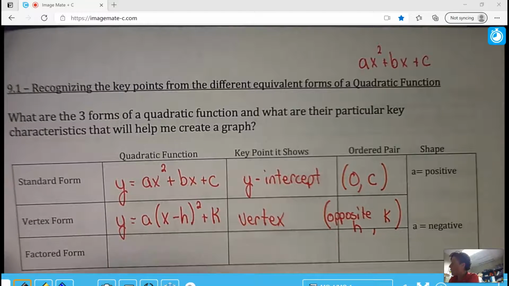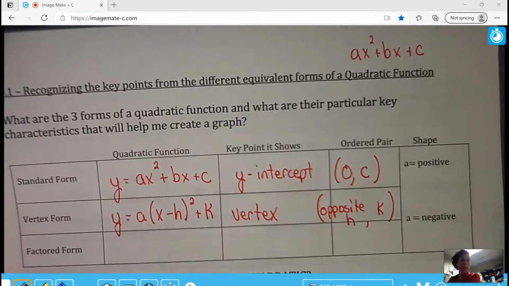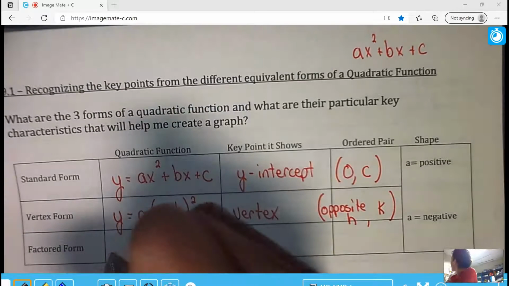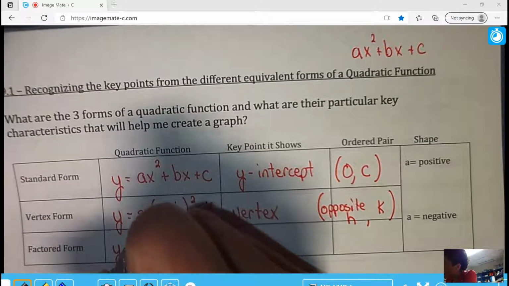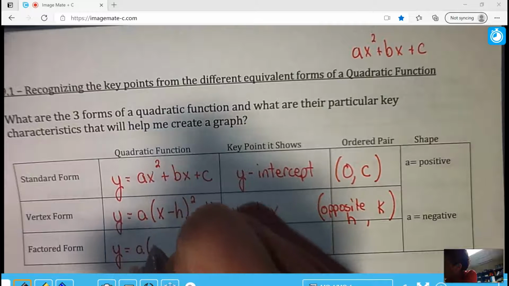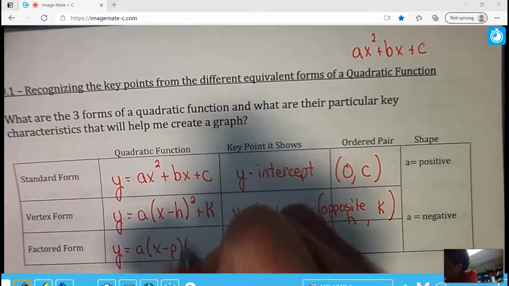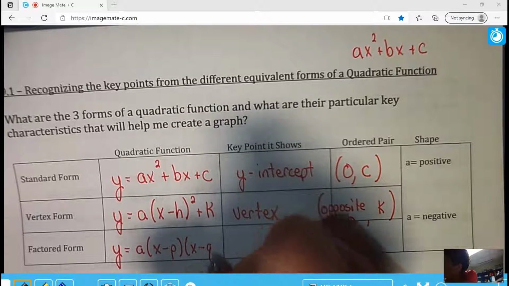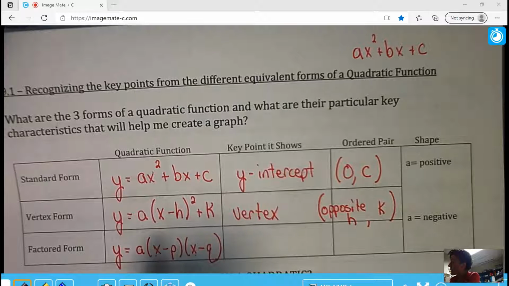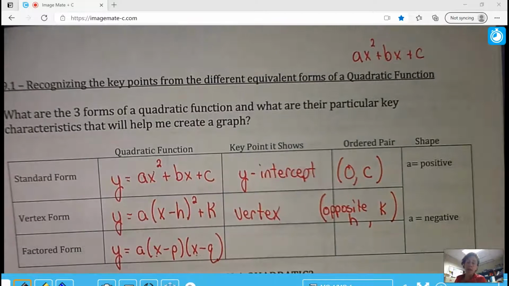And then the last form is factored form, which is what we worked so hard to get last chapter, and it looks like this. So again, you're seeing that x and the y, you're seeing a again, and somebody chose these letters P and Q. I don't know.